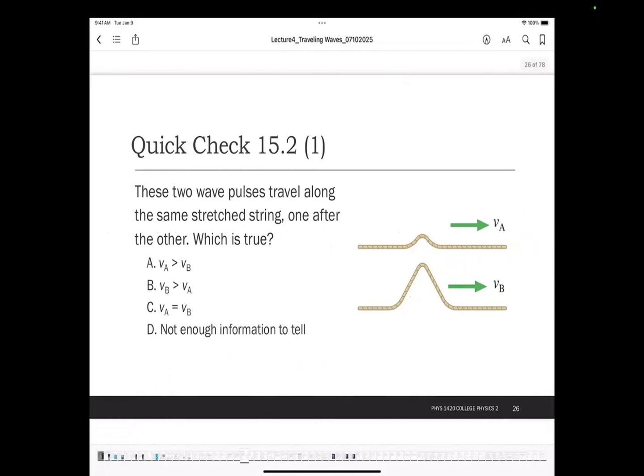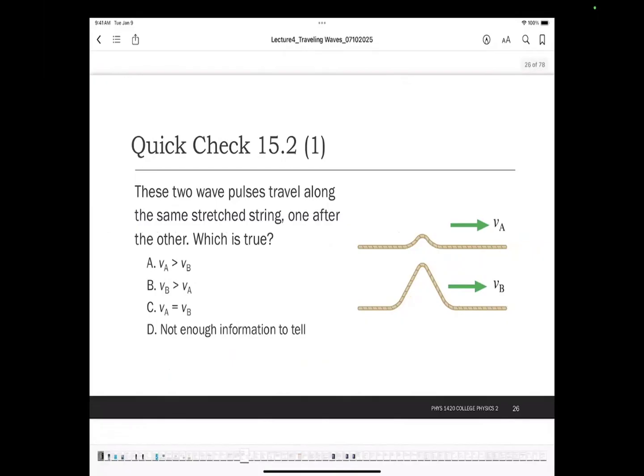Let's check some questions to understand what we have learned. There are two wave pulses that travel along the same stretched string, one after the other. Which is true?